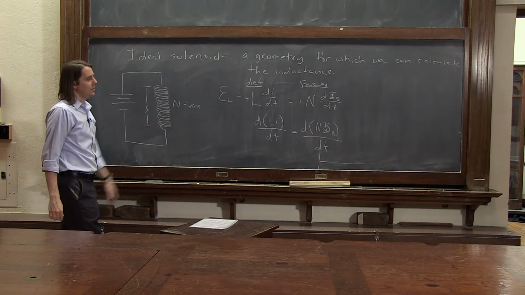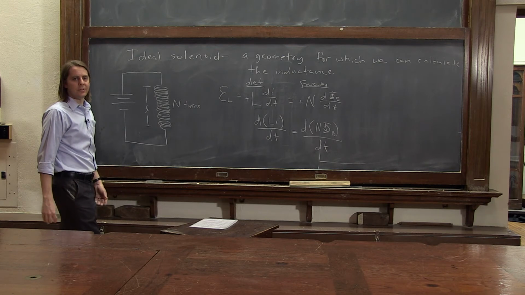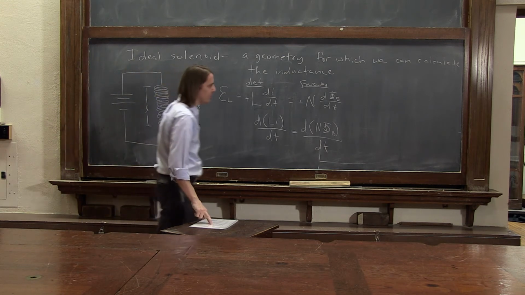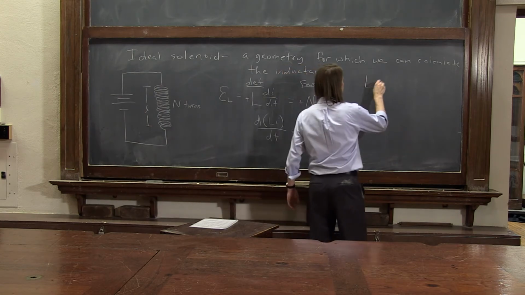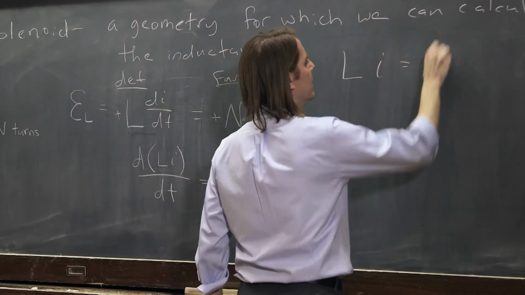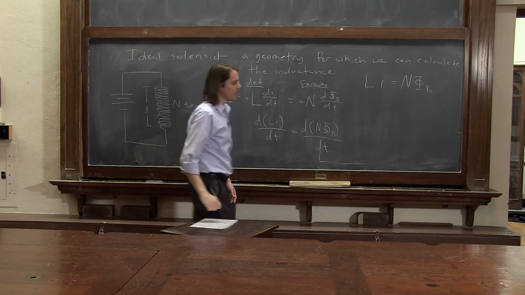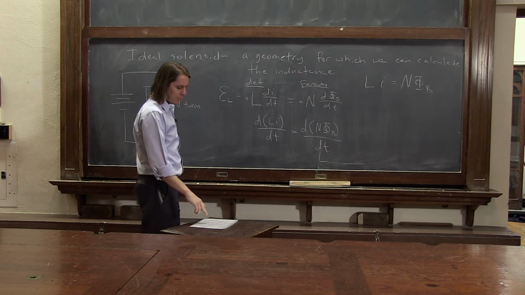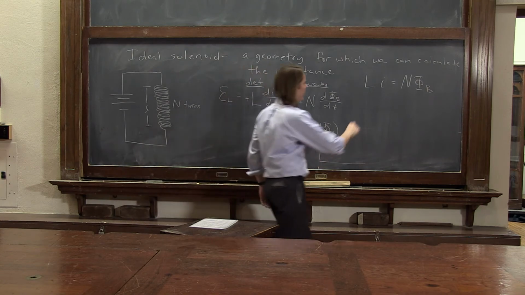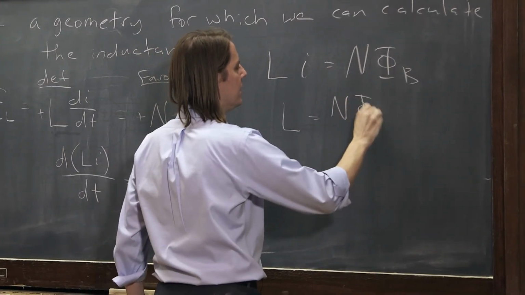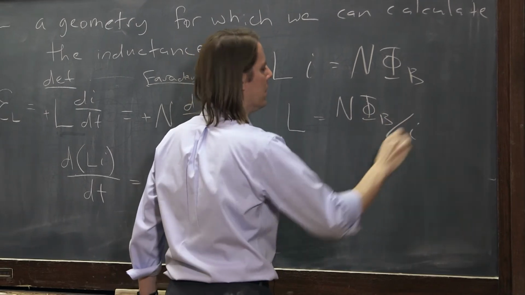Well, in that case, the things in the parentheses are equal, right? The time derivative of each of these is equal, so we'll say the two things are also equal. So the inductance times I equals N times phi B, okay? And we're trying to solve for the inductance, L. L equals big N phi B over I.